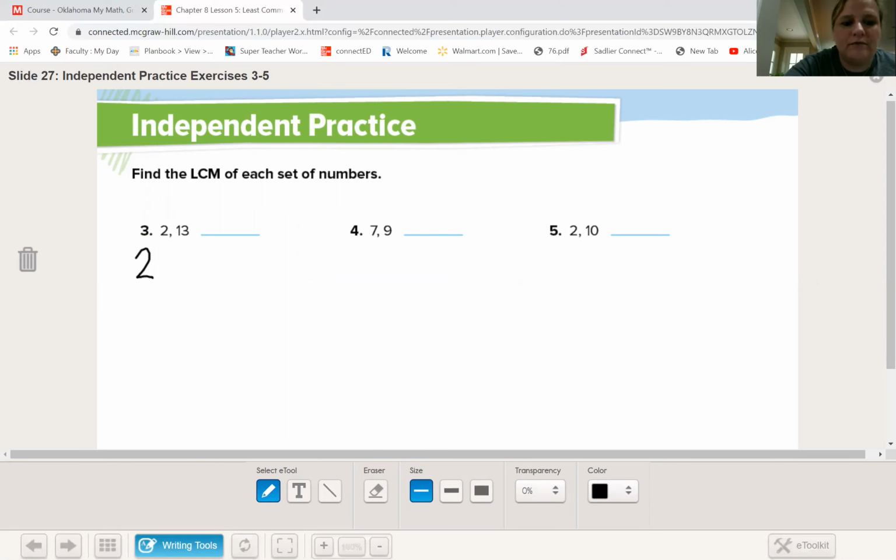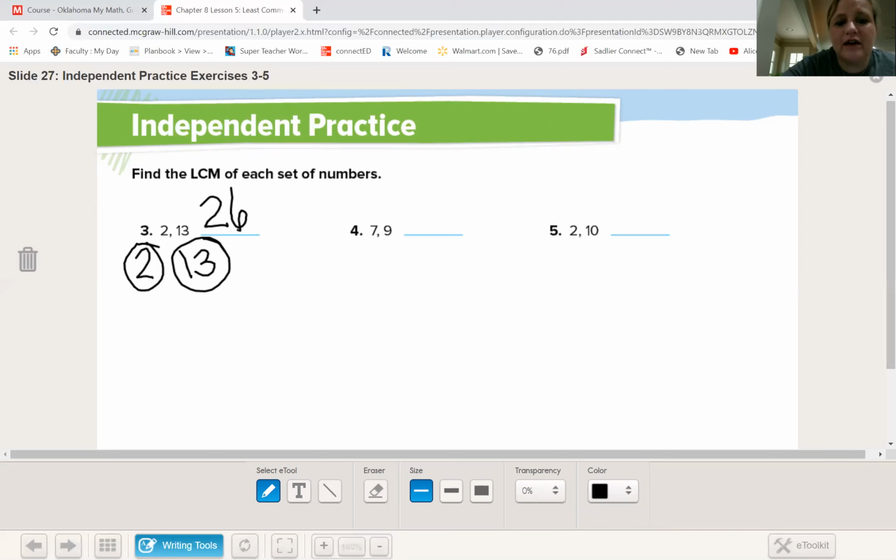So 2 is prime. 13, you also can't factor. It's prime. So the factors of 2, 2. The factors of 13, 13. Multiply them together. The first number you're going to get that they both share is 26. So you could do 2, 4, 6, 8, 10, 12, 14, 16, 18, 20, 22, 24, 26. And then 13 times 1 is 13. 13 times 2 is 26.